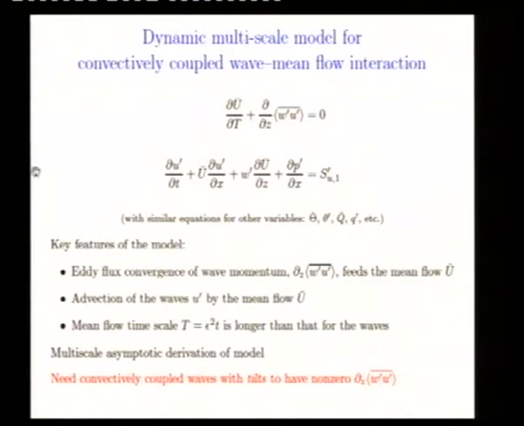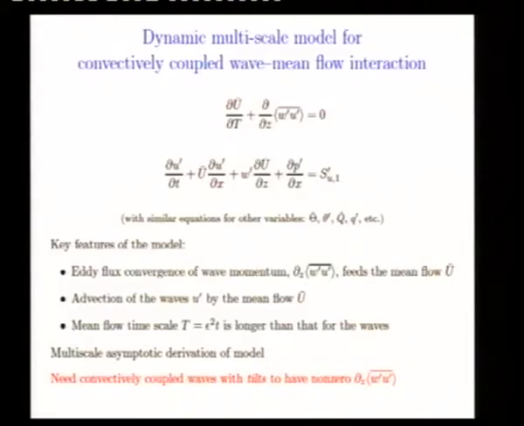So we have a mean flow, U bar, a function of height and time, and a function of a big T, whereas there's going to be a wave, little u prime, that depends on a smaller time scale. And so the mean wind is driven by the momentum transport from the wave.